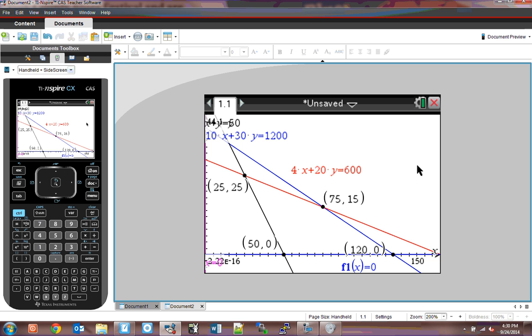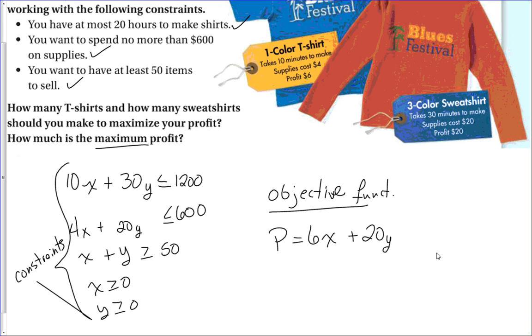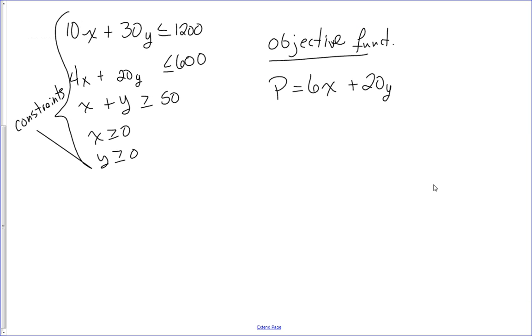And let's go back to here so we can look at our objective function and solve for these. So our points are 50, 0; 25, 25; 75, 15; and 120, 0.